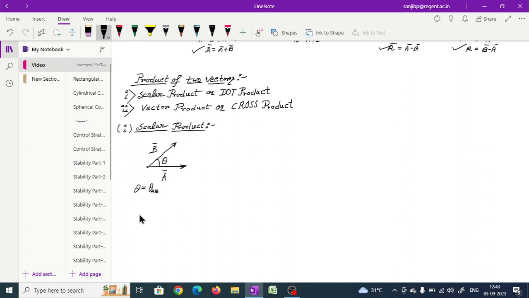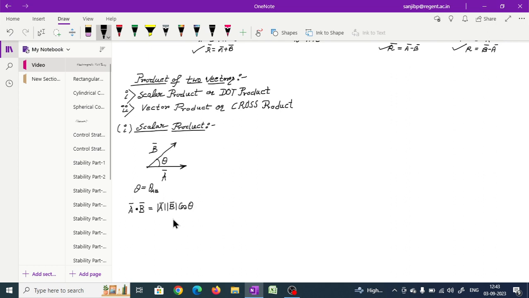Now what is the formula of the scalar product? Suppose A and B are the vectors; since it is also called the dot product, you have to put a dot between these two vectors. The formula is mod of A, mod of B, cos of theta.